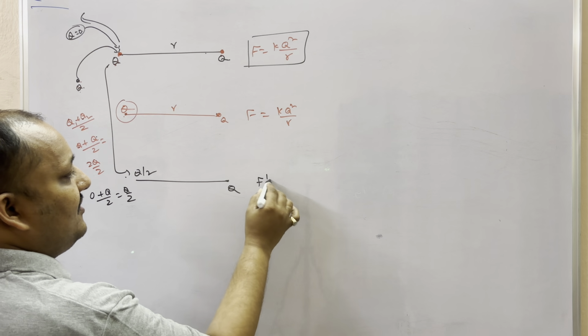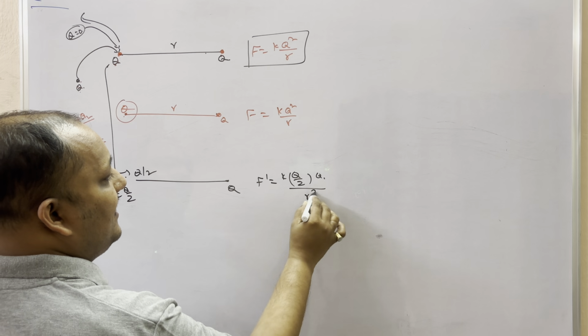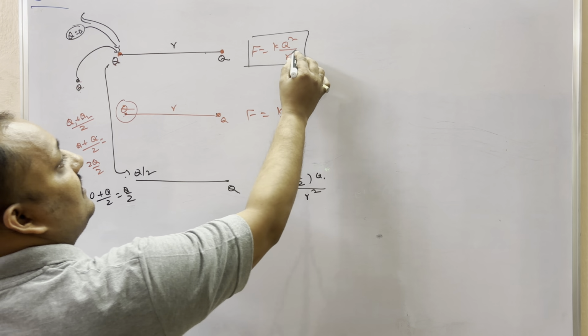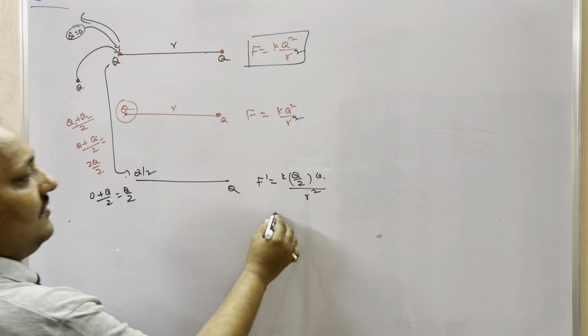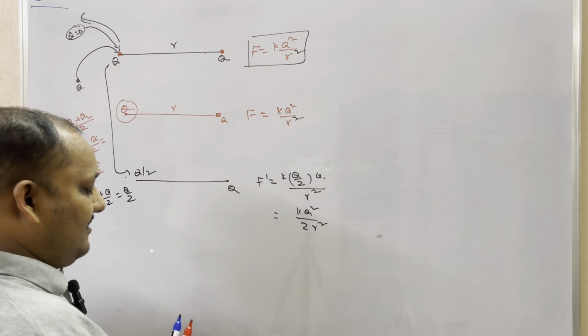So the new force is going to become K into Q by 2 into Q by R square. The force is KQ square by R square, not KQ square by R. Now it is KQ square by 2R square.